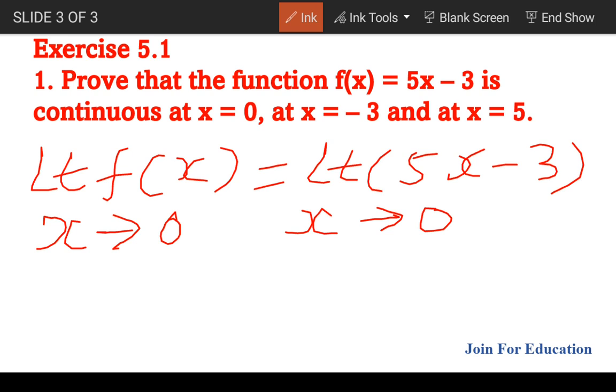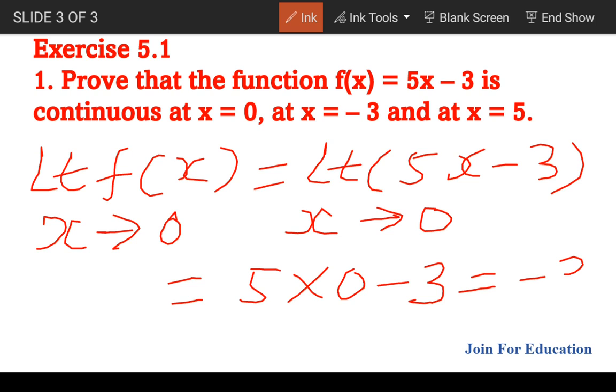Now we eliminate the limit, then we write down 5 into 0 minus 3 equal to minus 3. So the limit of the function as x tends to 0 equals minus 3.